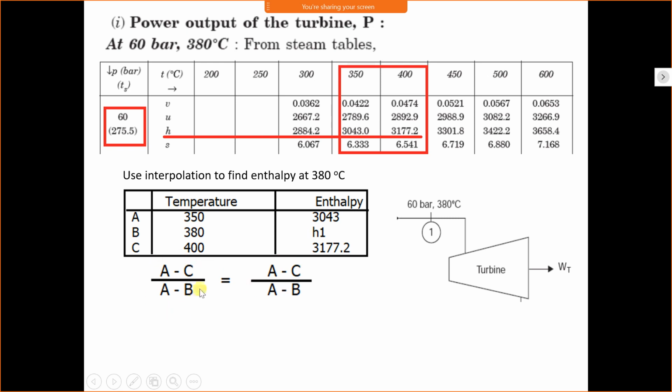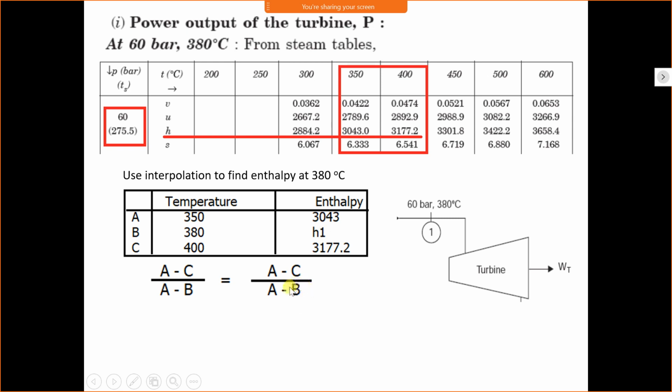Therefore, here we take temperature A, B, C and here we take enthalpy A, B, C. Temperature A is 350, temperature C is 400, again temperature A 350 and temperature B 380. Here for enthalpy we take enthalpy at point A, 3043, minus C, 3177.2, again A, 3043, minus B, that is H1.